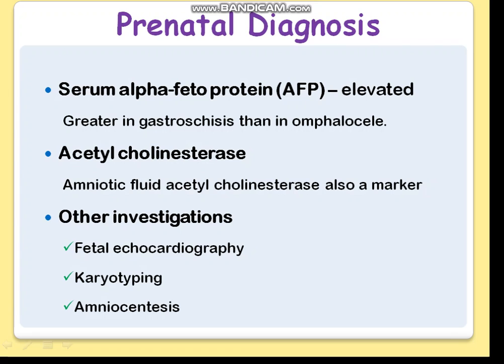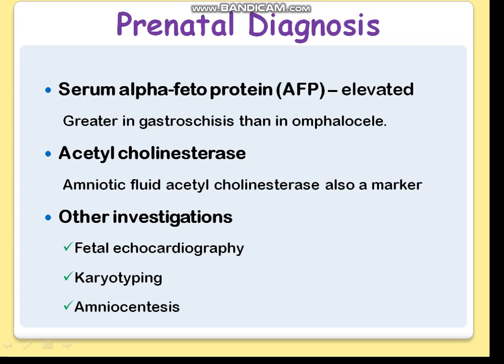When you do a serum alpha fetoprotein, it is usually elevated and the levels are higher in gastroschisis rather than omphalocele. സോ ആദ്യത്തെ പ്രീനേറ്റൽ ഡയഗ്നോസ്റ്റിക് ടെക്നിക്കാണ് serum alpha fetoprotein which is usually elevated. രണ്ടാമത്തേതാണ് അസറ്റൈൽ കോളിനെസ്ട്രേസ്. അമ്നിയോട്ടിക് ഫ്ലൂയിഡിൽ അസറ്റൈൽ കോളിനെസ്ട്രേസിൻ്റെ പ്രസൻസ് ഉണ്ട് എങ്കിൽ then again it can be pointing out to any kind of abdominal wall defect.